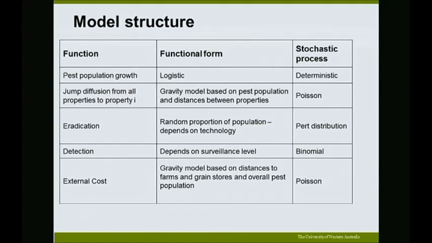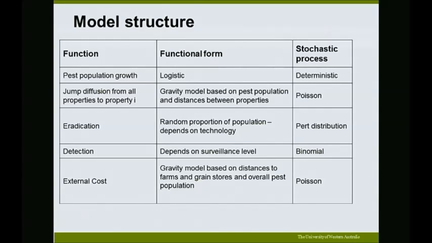Detection depends on the surveillance level. So if you're just operating at natural surveillance, then you could well be up to a couple of hundred beetles or even 1,000 beetles before things are actually triggered. And so that's also random.